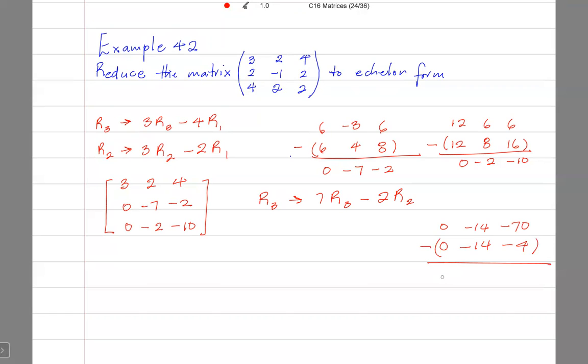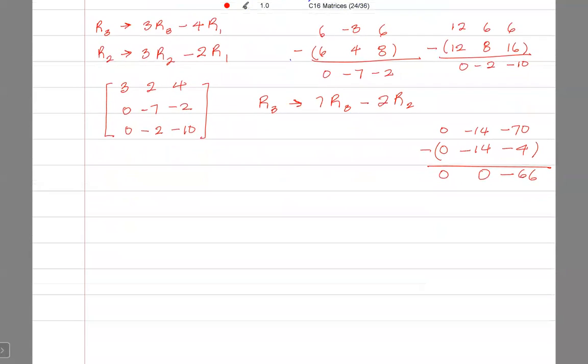Subtract, we're going to end up with 0, 0, minus 66. So right now we're at 3, 2, 4, 0, minus 7, minus 2, and 0, 0, minus 66.